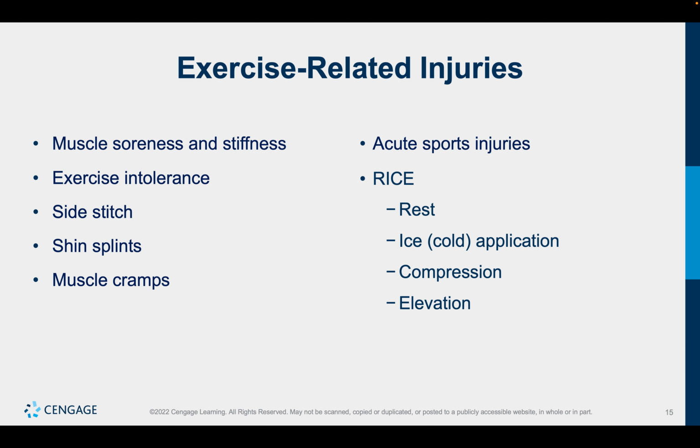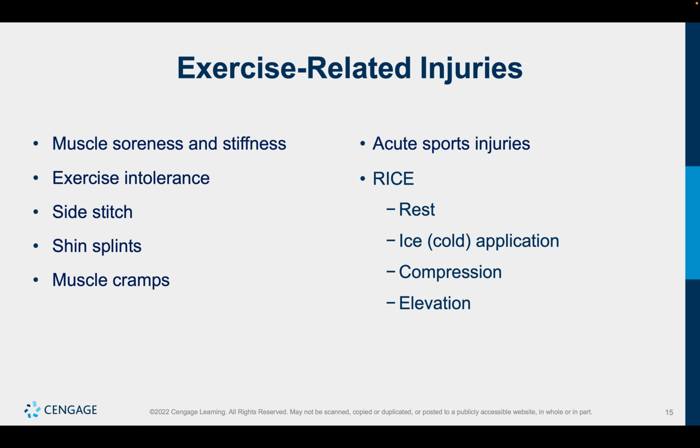Exercise related injuries. Exercise is movement, and it requires your body to move sometimes beyond its capabilities. So there are some consequences from exercising, like muscle soreness and stiffness. For people who have not exercised regularly, muscle soreness and stiffness is one of the reasons why they quit exercising in the first place.